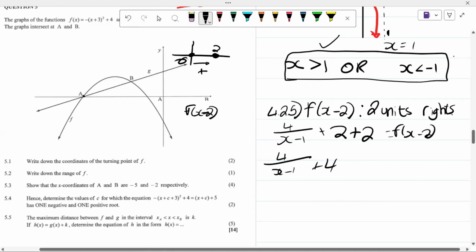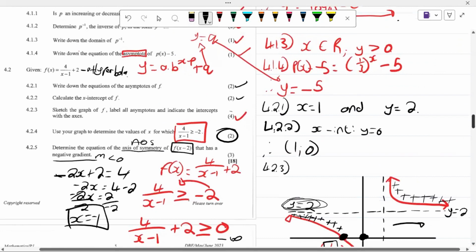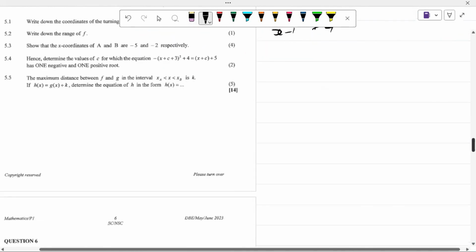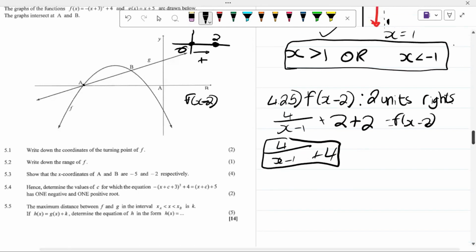So now they want the axis of symmetry for this graph that has a negative gradient. For this graph, we are no longer looking at this. Since I'm looking for an axis of symmetry with a negative gradient, I will have y equals minus x plus c.